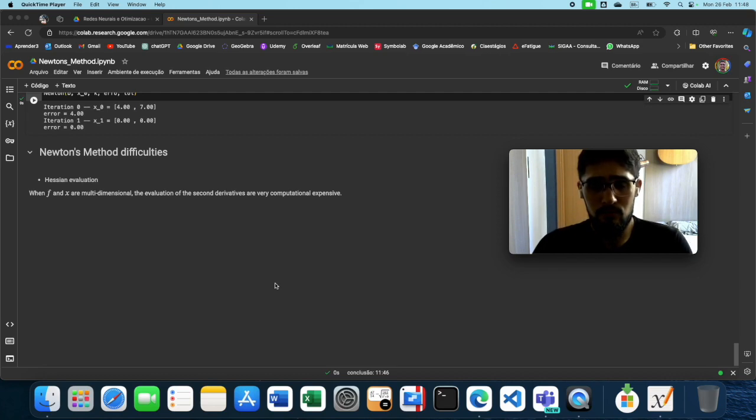We want to have something that will not give us problems, and we do not use Newton's method in neural network applications. In the next video we're going to talk a little about these other optimization methods. A very old method, but it's the most used method in deep learning applications.